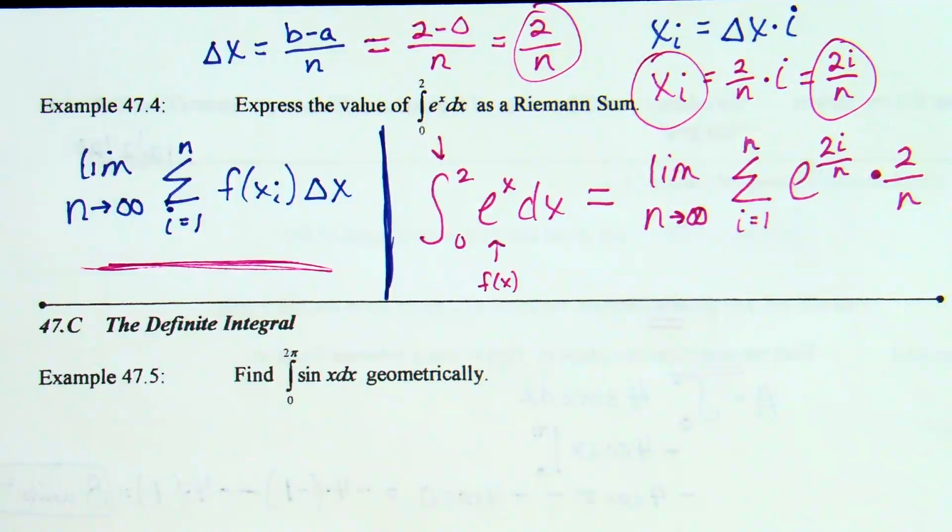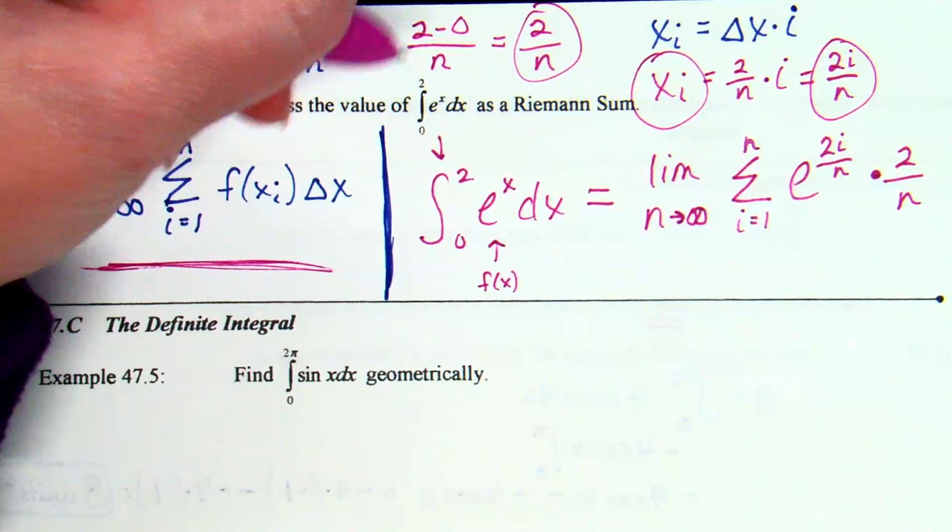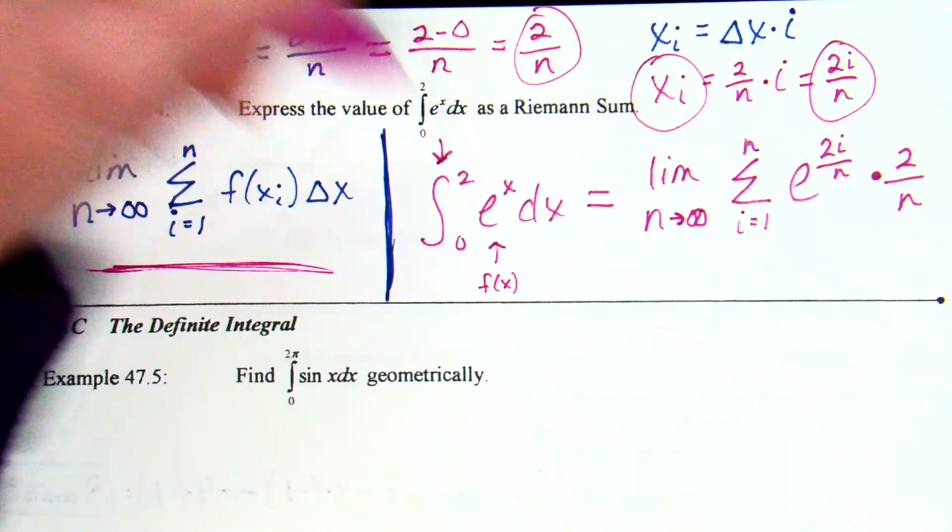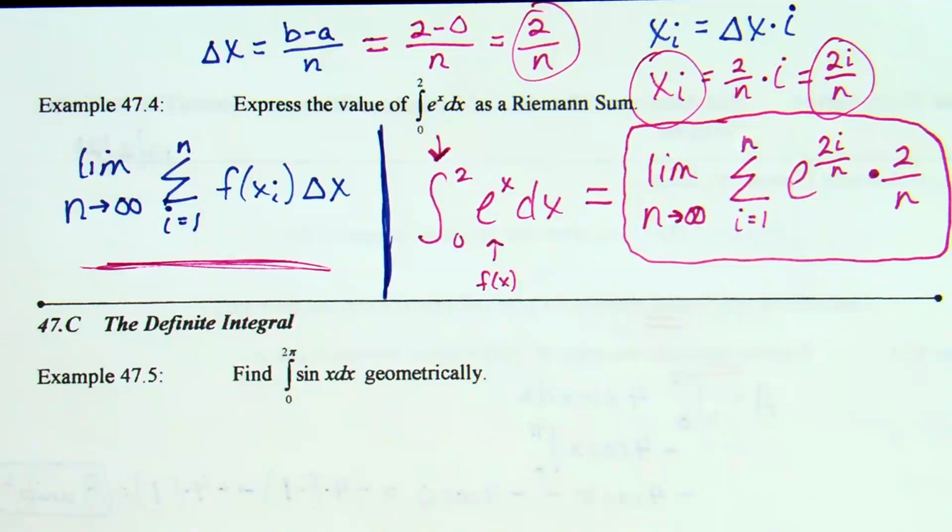Okay. What we've done there is we've just taken that and expressed it as a Riemann sum. So this part right here is our integral expressed as a Riemann sum.